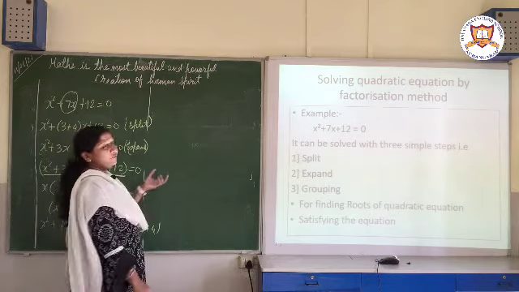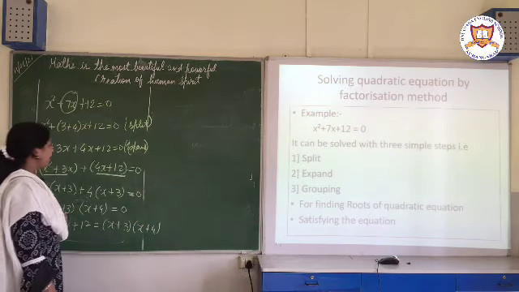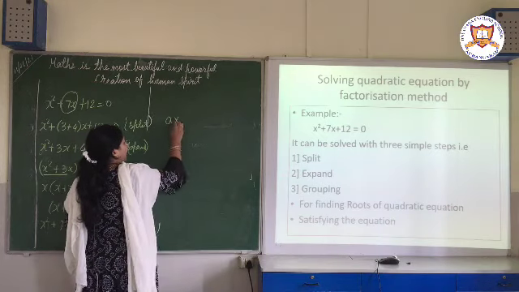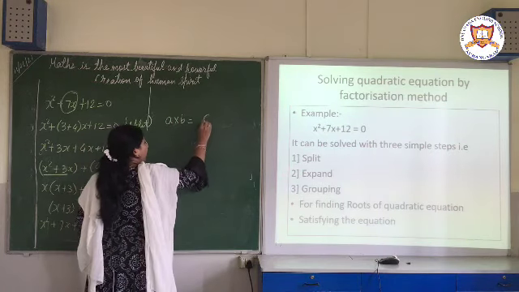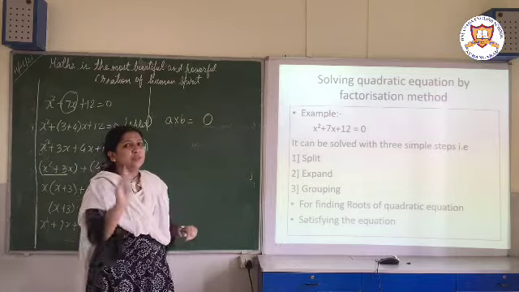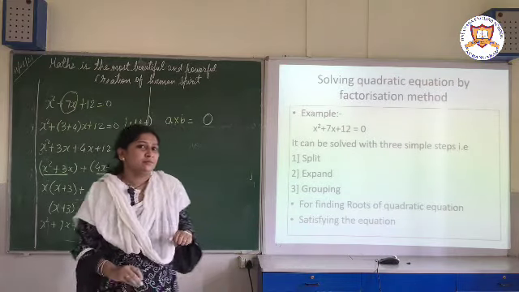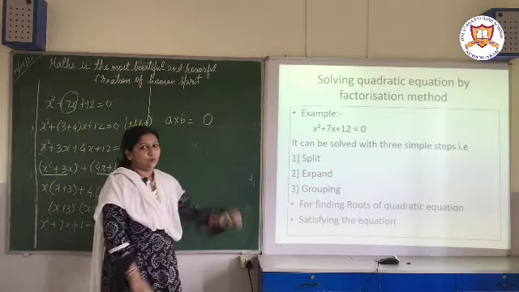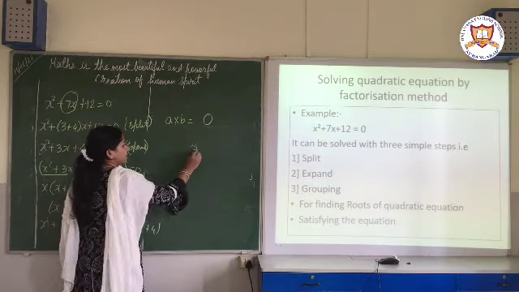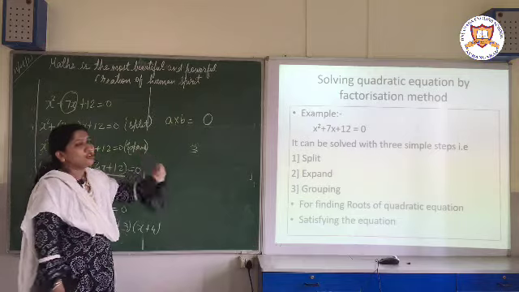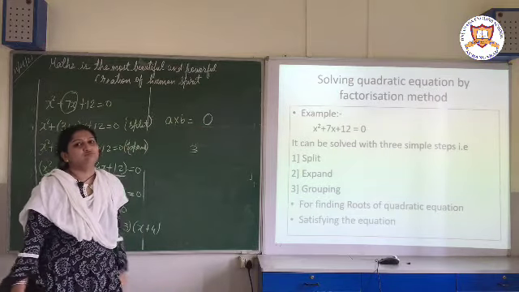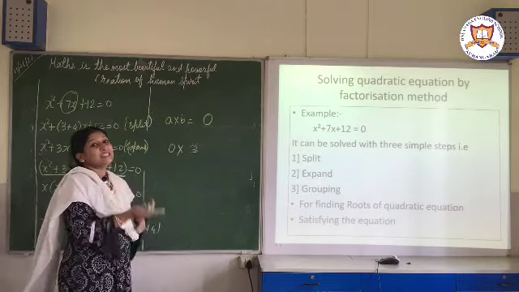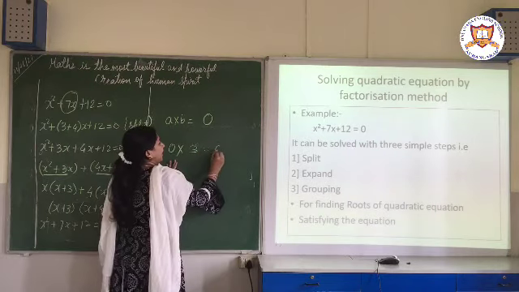So, now we have to find the roots of the equation. When you multiply A by B and you have to get 0, can anyone tell me what the condition should be? What should be the value of either A or B if I want 0 on this side? If suppose the value of B is 3, then what should be the value of A? I should get 0 here. Yes, you should multiply it by 0. So, you will get 0 here.